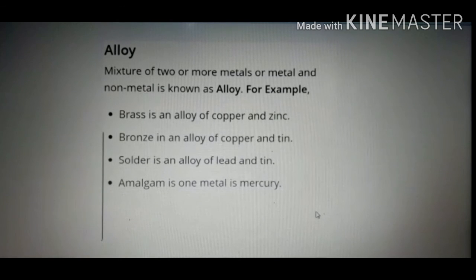We discussed corrosion and its prevention, and the electrolytic refining method, which is based on passing electric current. Lastly, we discussed alloys. What is an alloy? A mixture of two or more metals, or metals and non-metals.